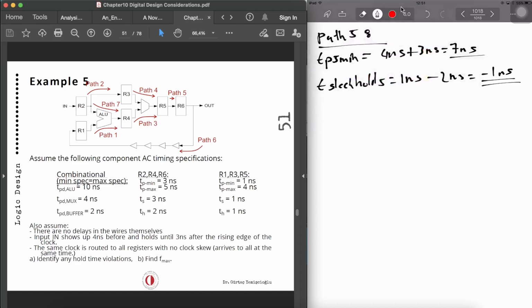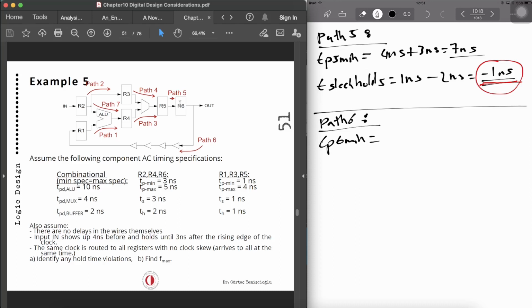So I'll just put those reds over there. Let's carry on and then we'll talk about it in the end. So path 6. TP6 min. For path 6, we have got R6 to R1.